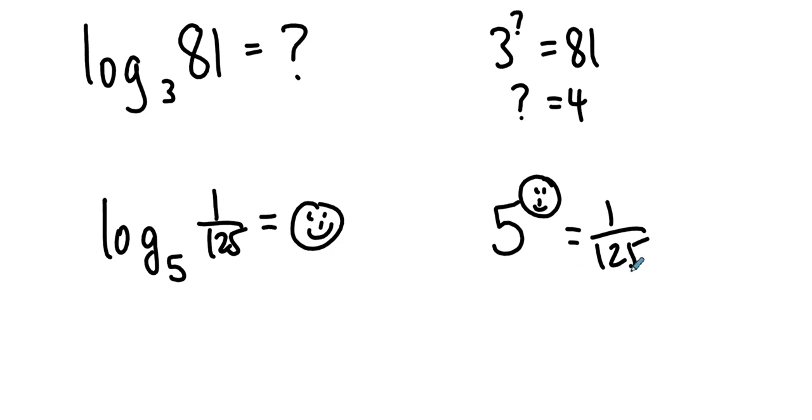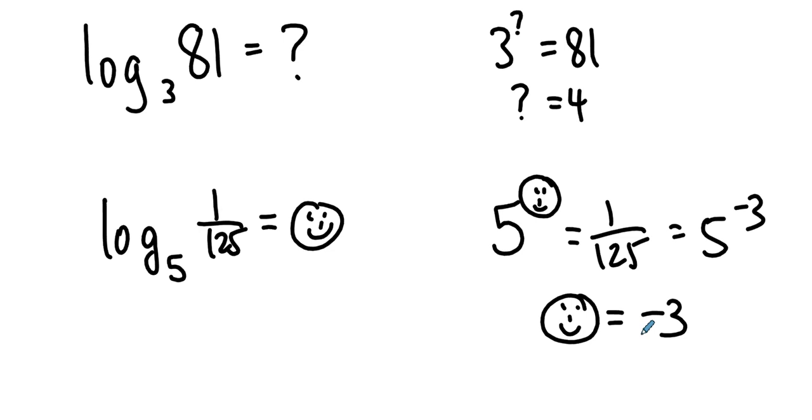Well, this 125, that's 5 cubed. But it's 5 cubed in the denominator, which means this is 5 to the negative 3, which means that smiley face is negative 3. The log of 1 over 125 base 5 is negative 3.